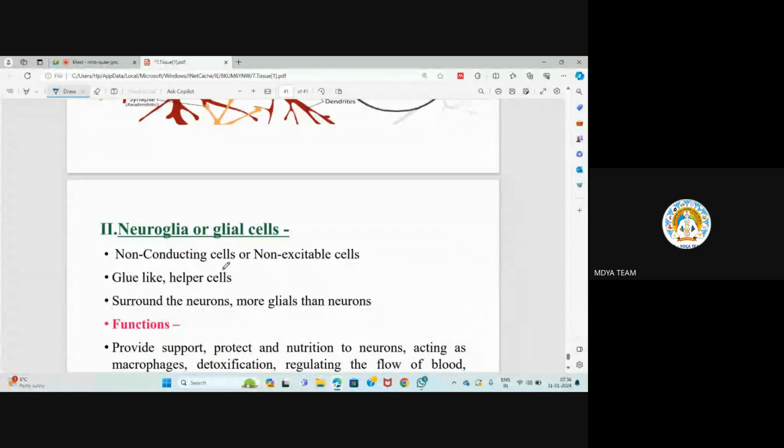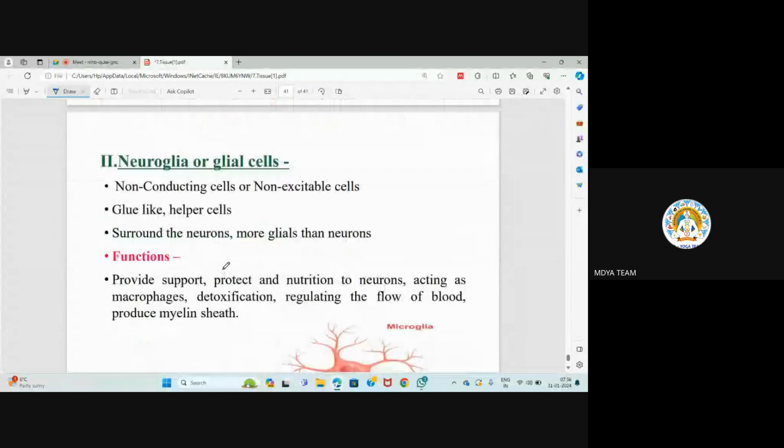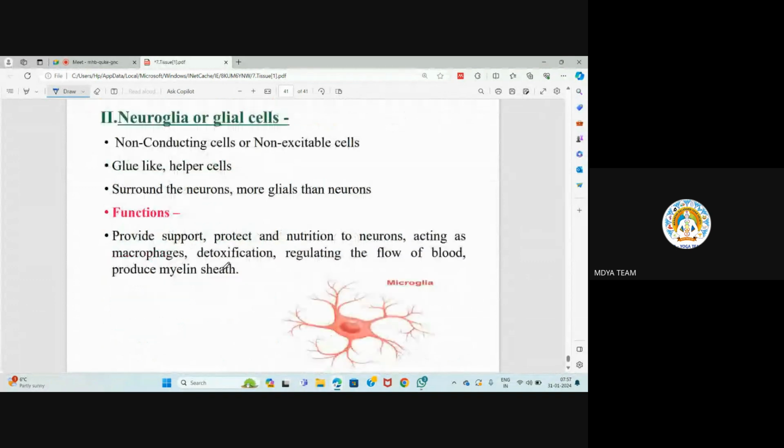But glial cells do not receive any kind of electrical impulse. They are just like other normal cells of the body, but different in structure.